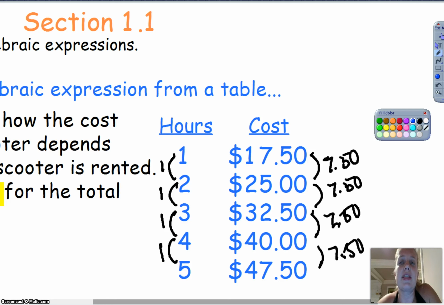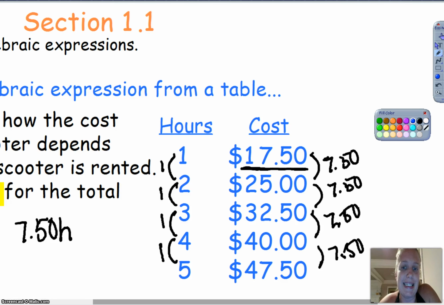So if you can say something's going up continually each of something, that's where your variable is going to come in. So what I'm going to do, I'm going to write $7.50 times each hour. So if I rent the bike for 1 hour, that would mean if I just left it what I have right now, it would charge $7.50. But for 1 hour, I'm being charged $17.50.